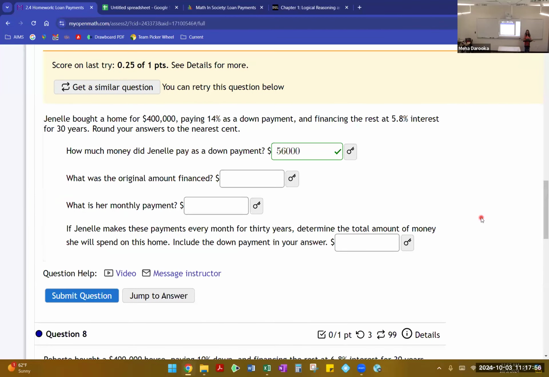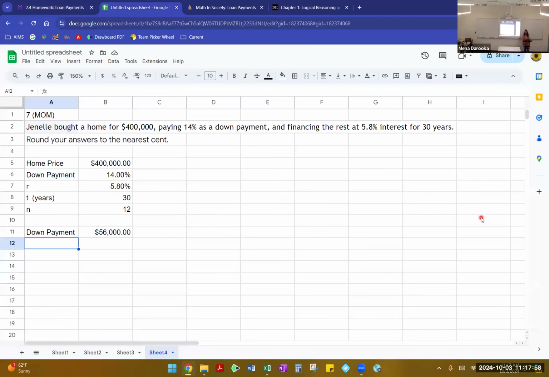Now they want to know what was the original amount financed. So if Janelle is making a $56,000 down payment, how much are they financing? What do you think? Subtract? There you go. Down payment means what you're paying upfront, at the time of purchase.